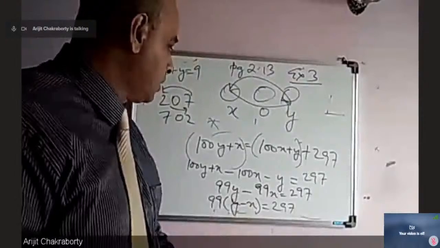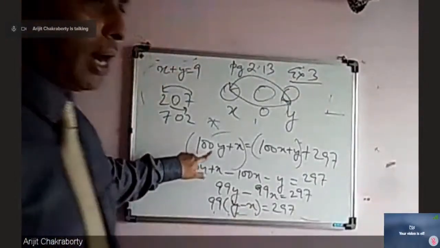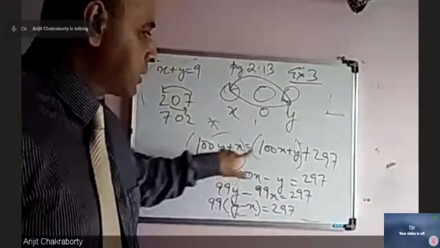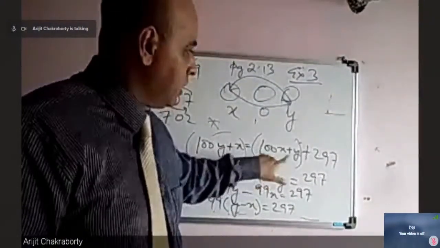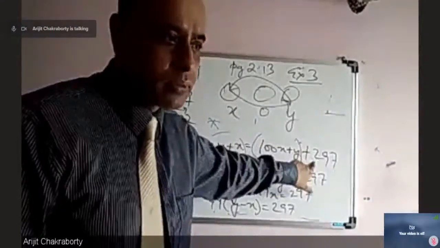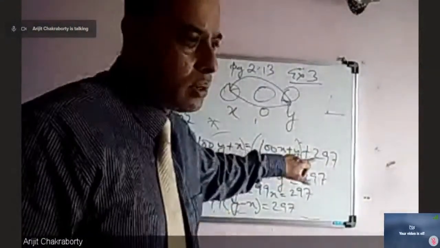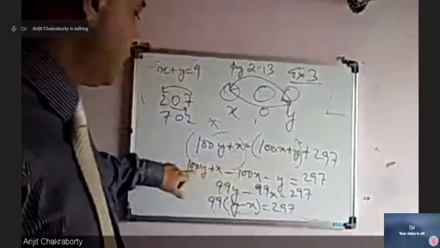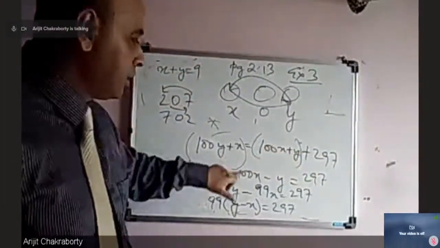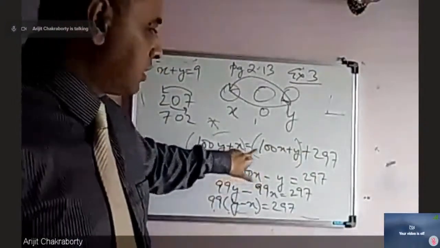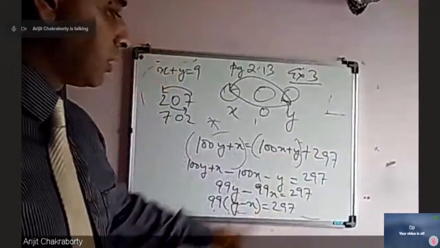Okay. So just check once again. 100y plus x is equal to 100x plus y plus 297. So from there, what do we get? We get 100y minus 100x plus x minus y equal to 297.